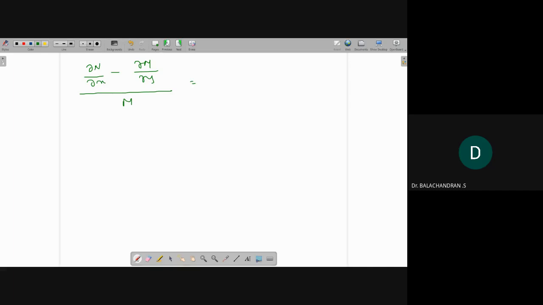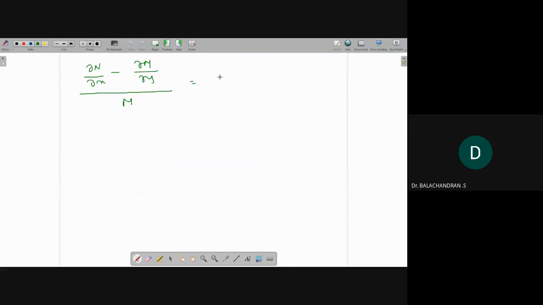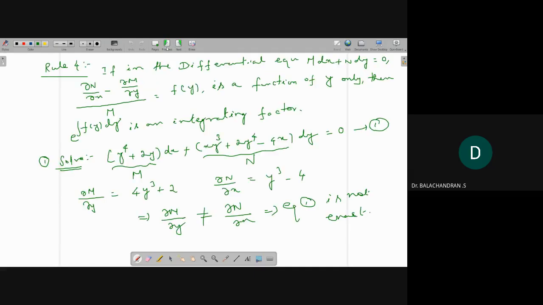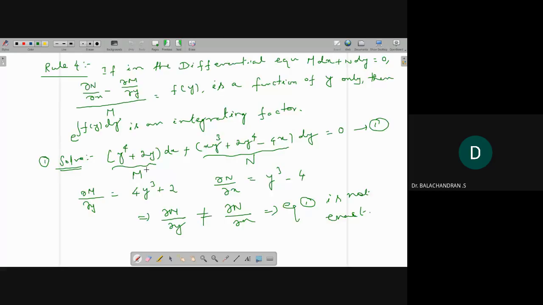What is dou n by dou x? Y cube minus 4. What is dou m by dou y? 4y cube plus 2. Minus is common. What is the denominator? M. M is y power 4 plus 2y.